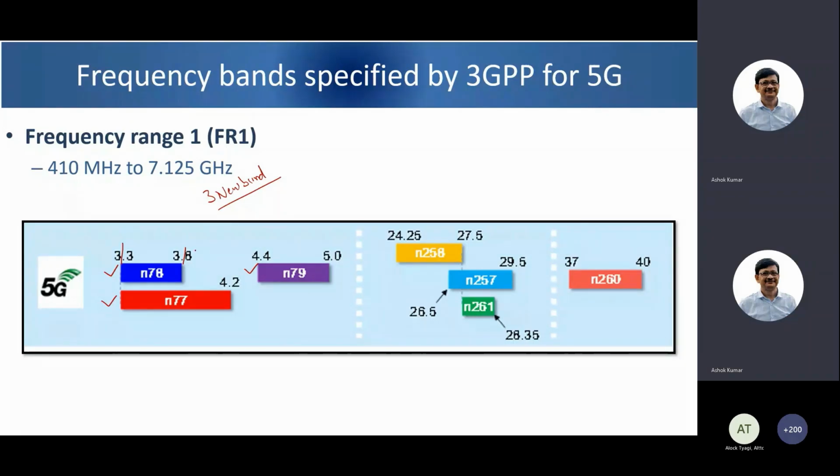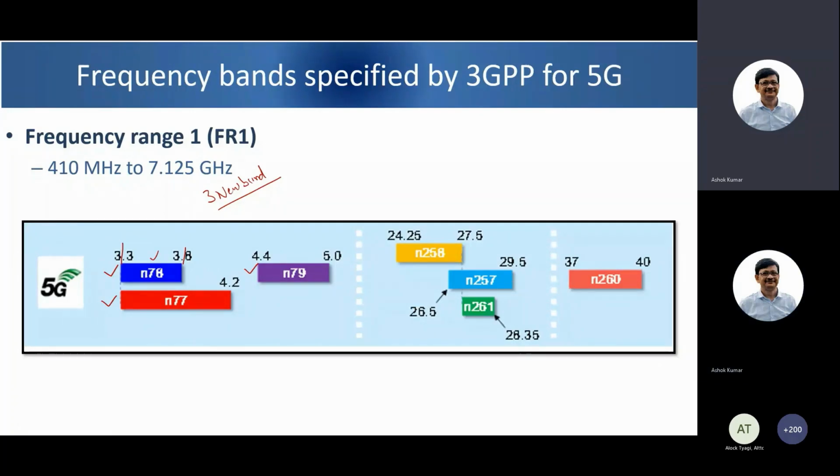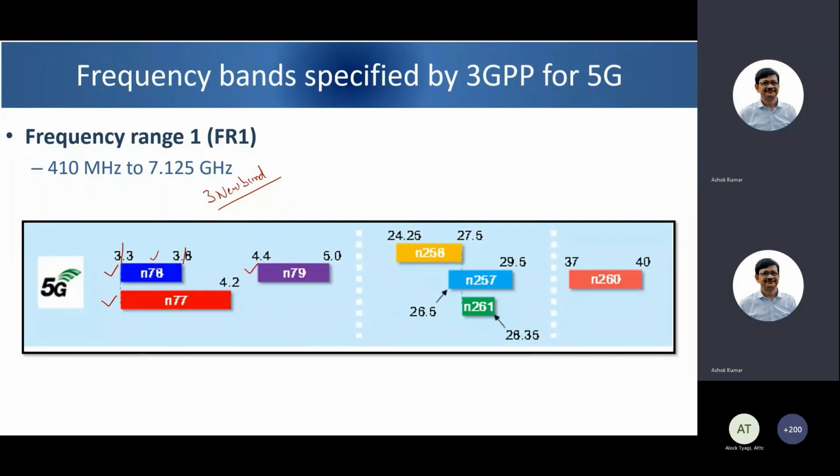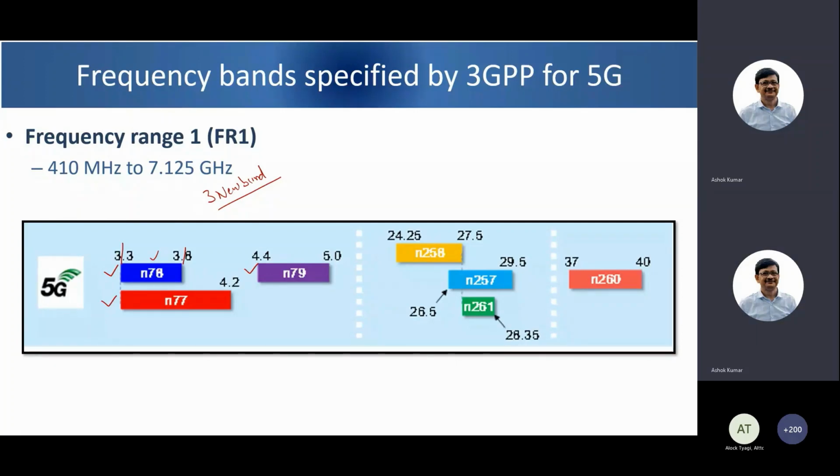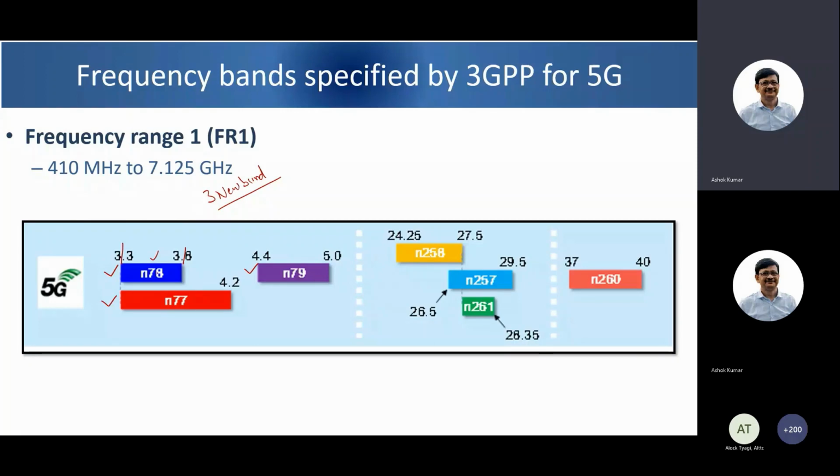From the N78 band, how much bandwidth was acquired by Jio and Airtel? Can you answer in the chat box if you know? Vodafone has acquired very little, so let us not talk about that.